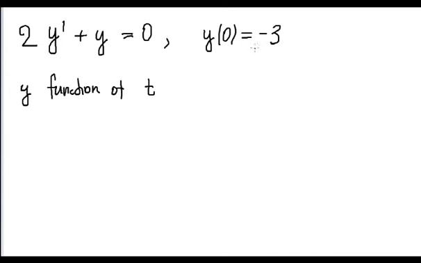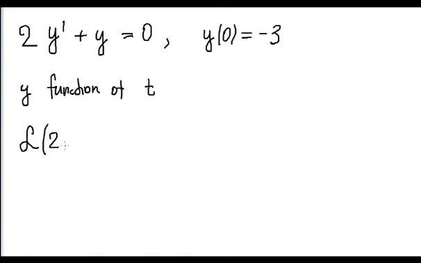And now the method of Laplace transforms allows us to find that function in the following way. So the first thing we want to do is to transform the two sides of the equation by Laplace. So we apply Laplace to both sides of the equation.